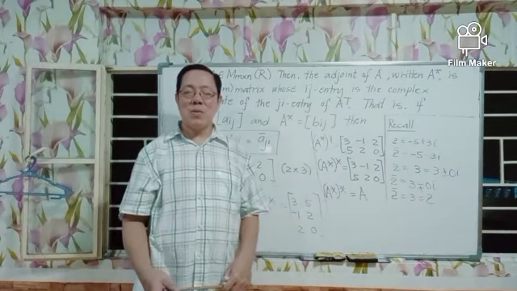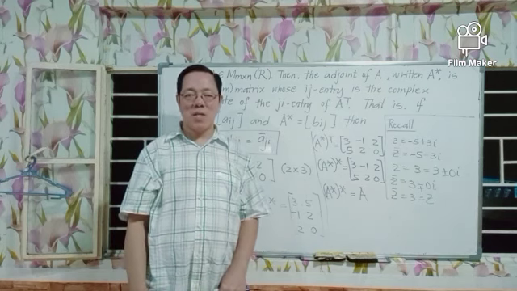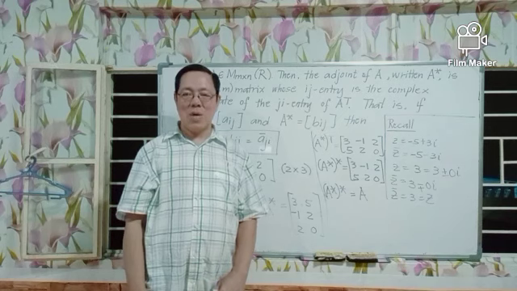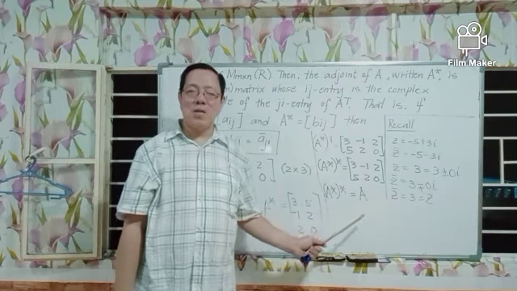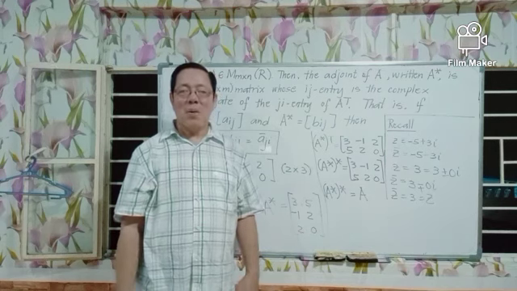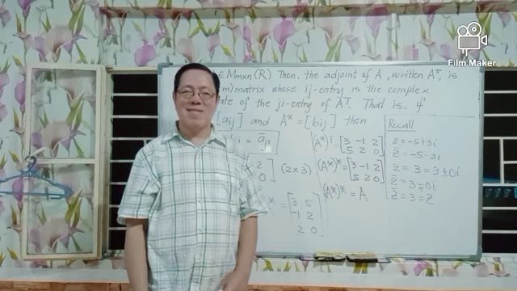Very similar to the property of matrix transpose. The transpose of the transpose of a matrix is equal to the matrix. And this is actually one of the properties of adjoint of matrix.